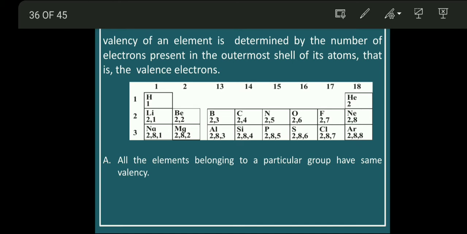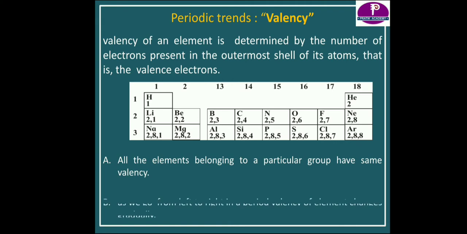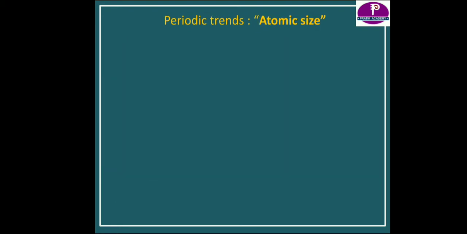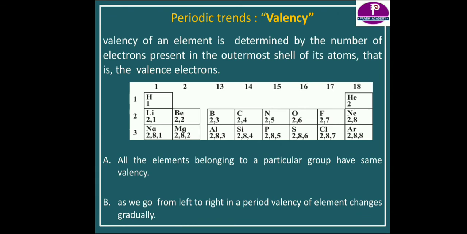In the same way, when we go in a period from left to right, the valency of the element changes gradually, because the number of valence electrons increases by one. So this is the trend in valency of an element within a group and period.